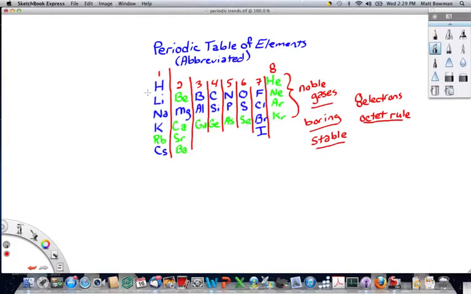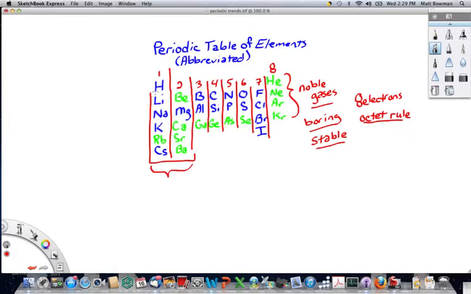Groups 1 and 2 also want to have a complete octet, but they have 1 electron or 2 electrons in their outermost shell, not 8. And so what they do in order to get their outermost shell to be 8 is they have a tendency to give up electrons.